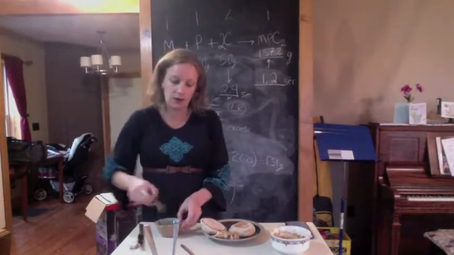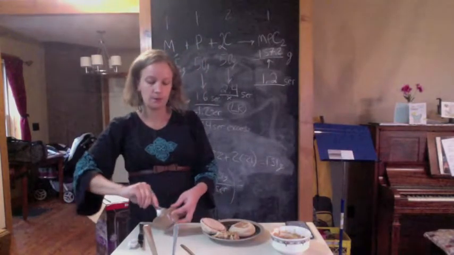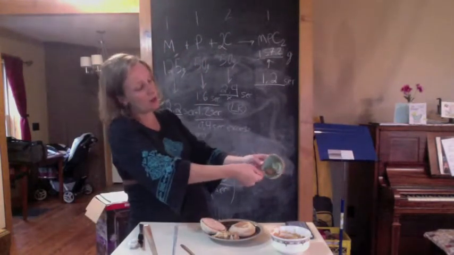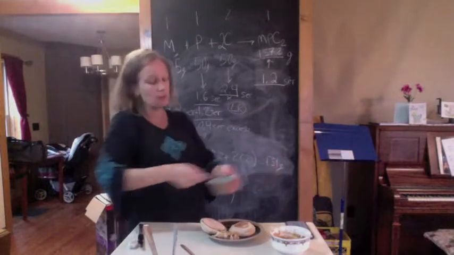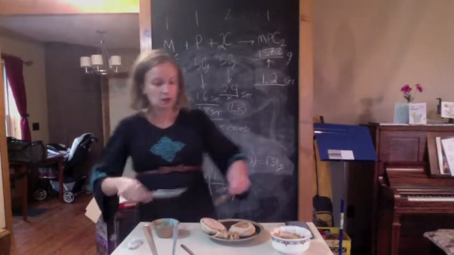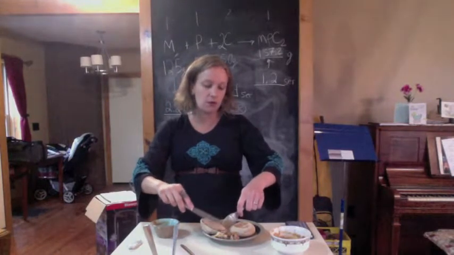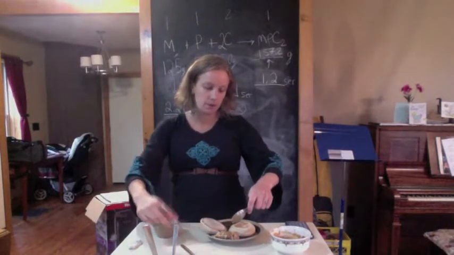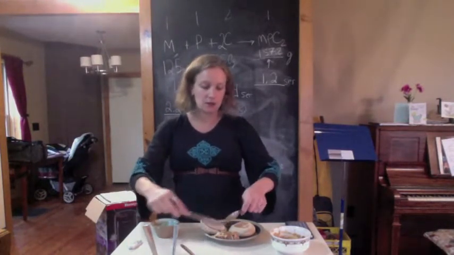That's the important thing, does this run out? So if you can see, I'm scooping all the maple cream up, and it is making about half a tablespoon. So we used up all our maple cream. Maple cream is a limiting reactant. We used it all up.